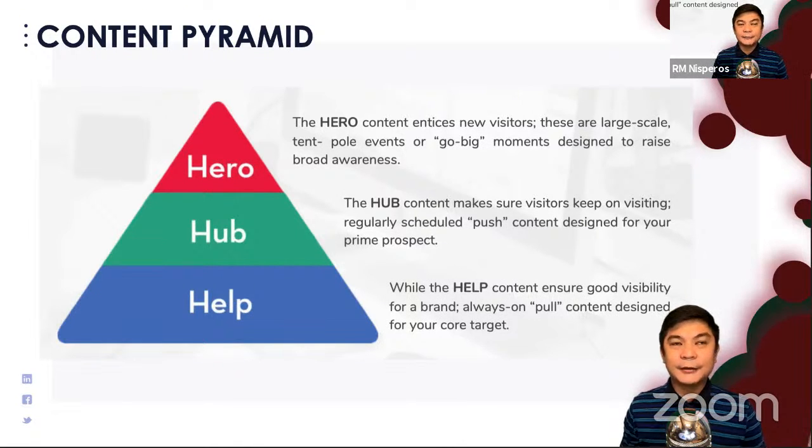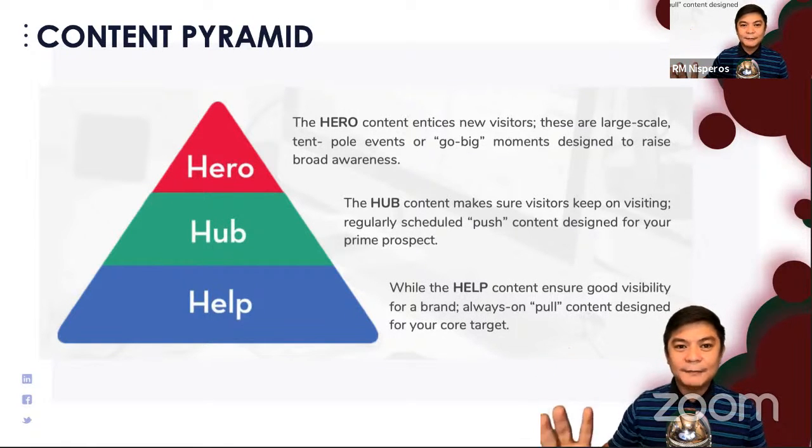It could be a paid promotion wherein you would pay an endorser. Hero is about entertainment. You entertain to build awareness and virality, so that it can be easily shared by your customers. Help is about educating about what they need. And hub is information about your product and service.